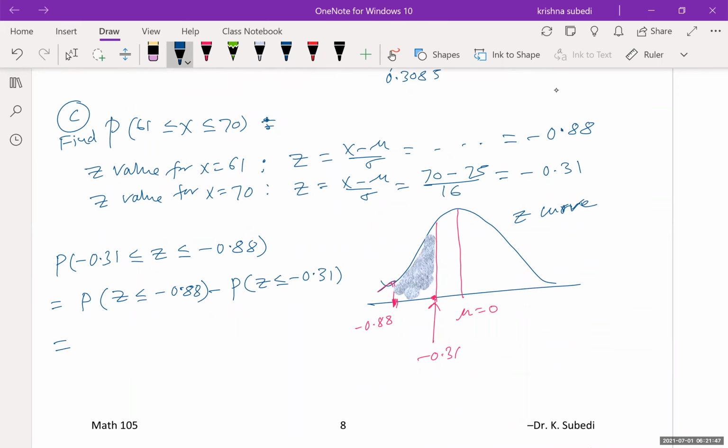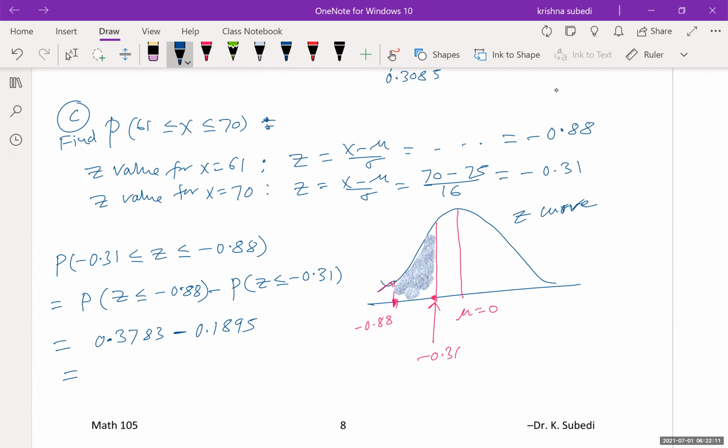How much do you get if you calculate these two together? For negative 0.88, my table tells me 0.1894. So if I copy the wrong number, please let me know. And when I look at the table for negative 0.31, this is what I got, 0.3783.